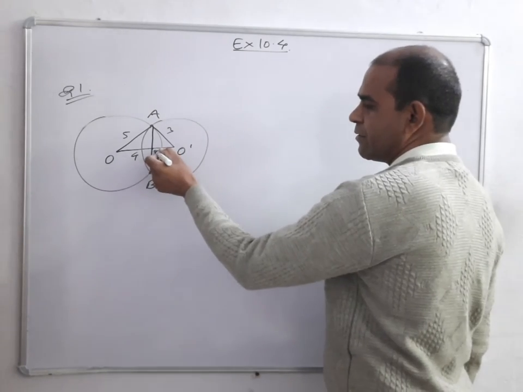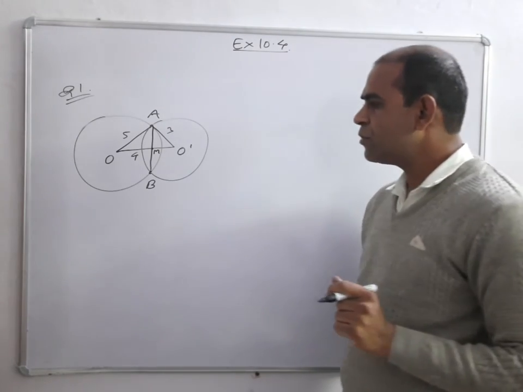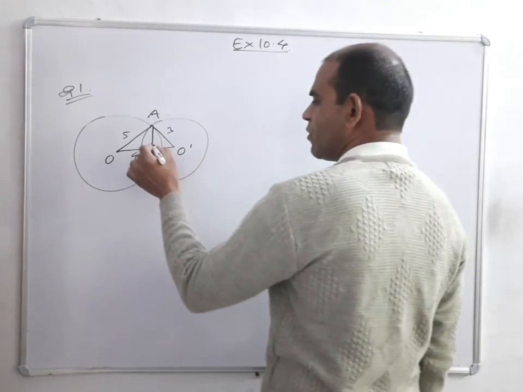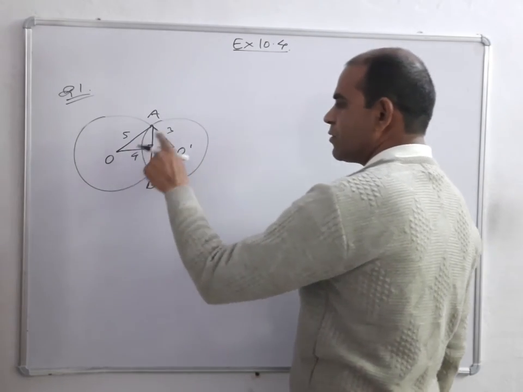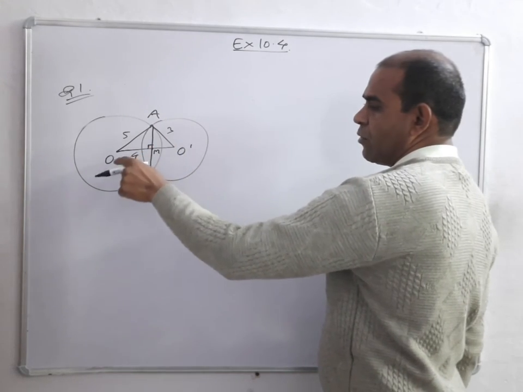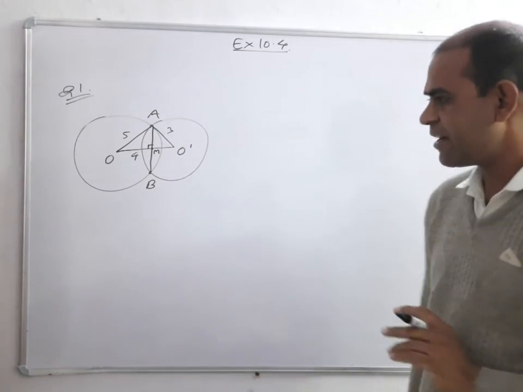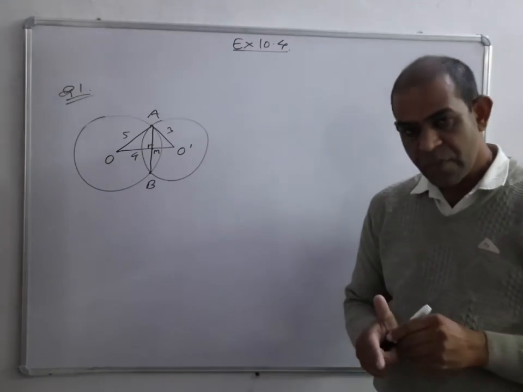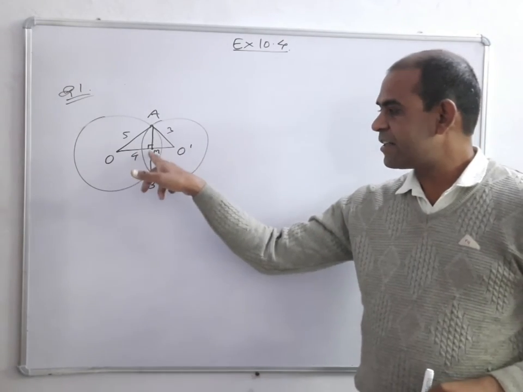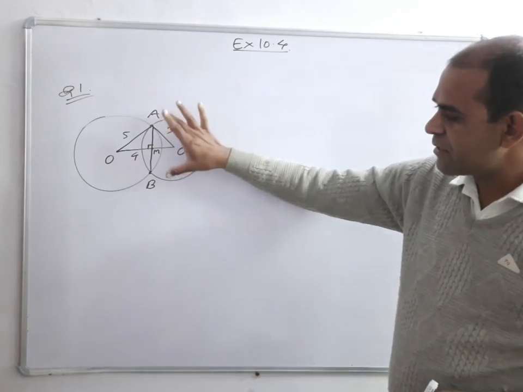Its midpoint is M. So OM is perpendicular to chord AB, and O dash M is also perpendicular to chord AB. So given triangle AOO dash, three sides are given, so we can find its area, and again by using half base times height, the base is 4 and height is AM, we can find AM, and twice AM is AB.